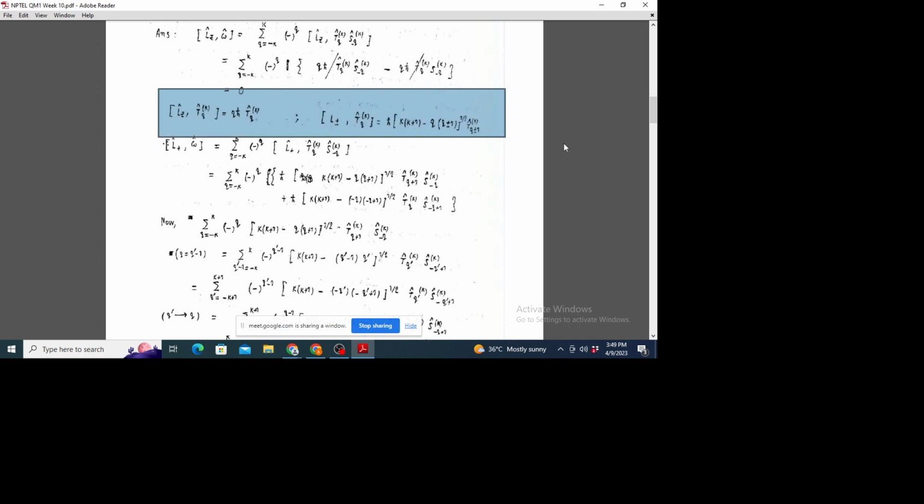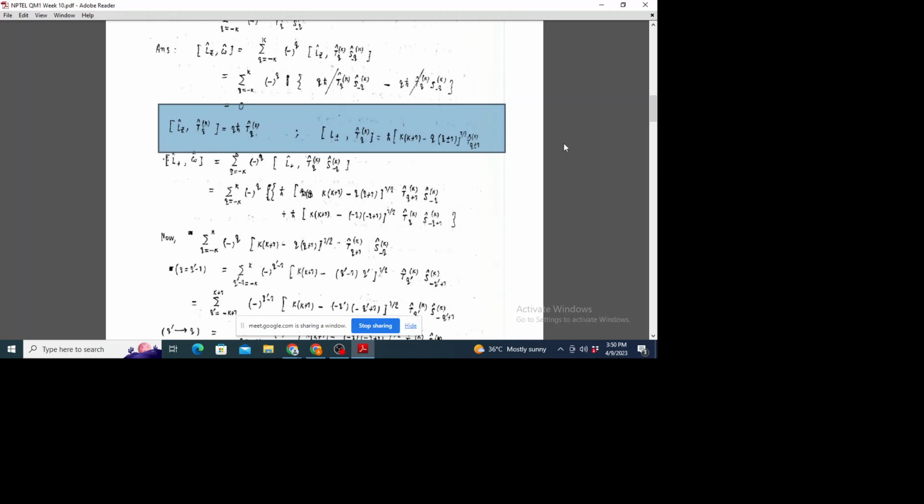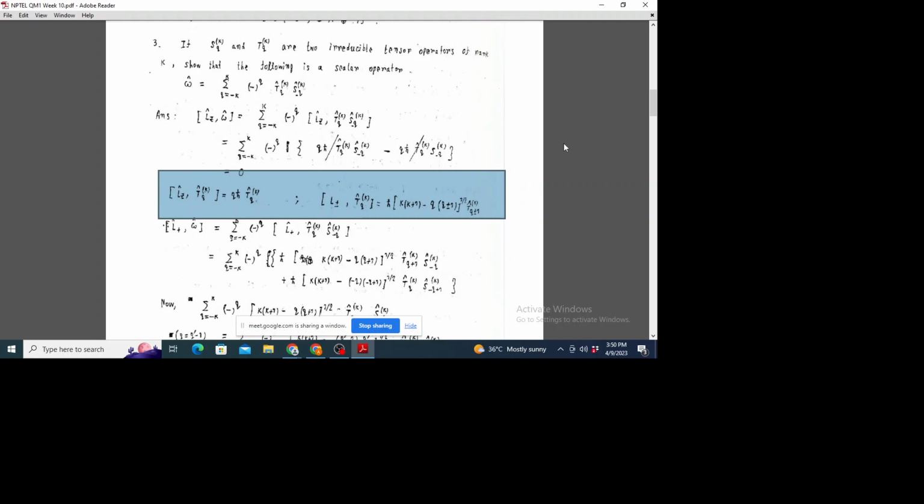these three definitions to actually find what will be the value of k for that omega and the value of q for that omega. And then we can conclude whether omega is a tensor operator, and if it is a tensor operator, what is its rank and which component it is.